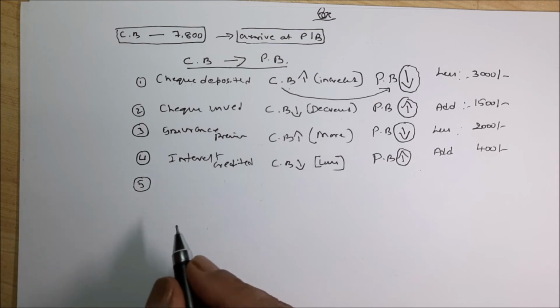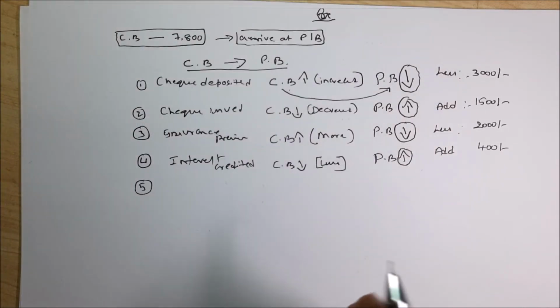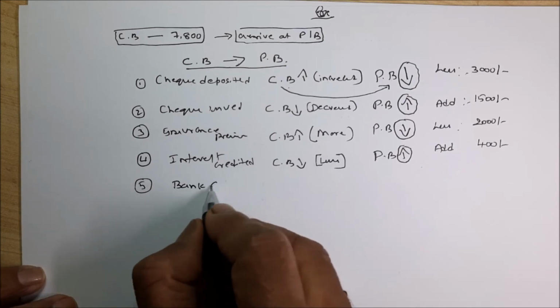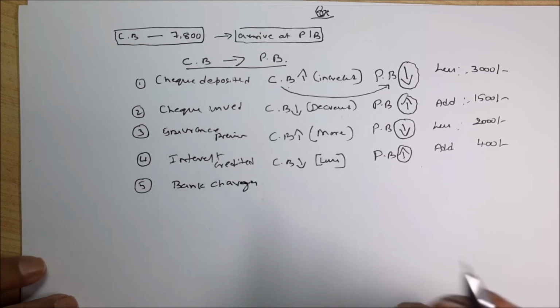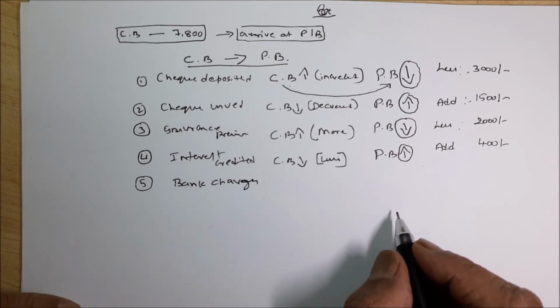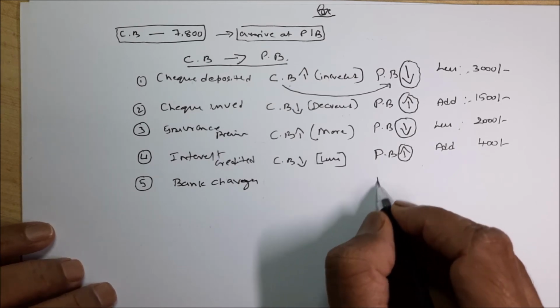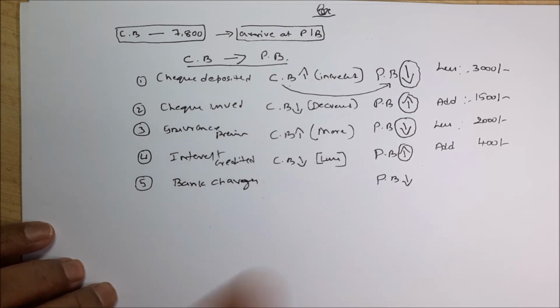Next. Bank charges, rupees 100. Say the bank has given some services. When it has given some services, they automatically take service charges. The passbook balance is showing less. Assuming I had 5,000 and they have taken 100 rupees bank charges, then it becomes 4,900.